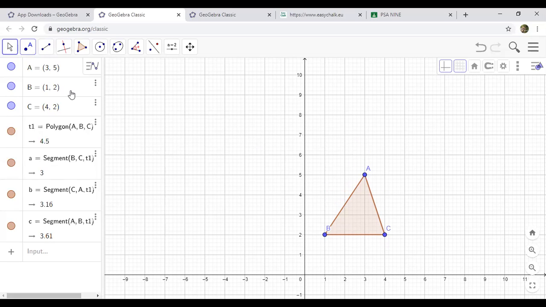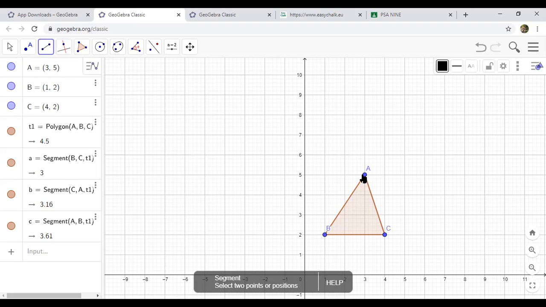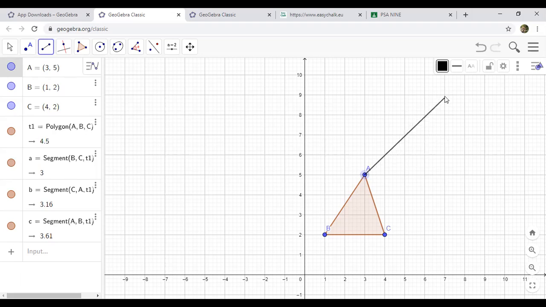Let's first take the point A. I am going to first find the position of A dash. So let me take the point A first. We first go 4 units right, by counting 1, 2, 3, 4 units right, and then we go 5 units up. 1, 2, 3, 4, 5. And finally we will reach this point.